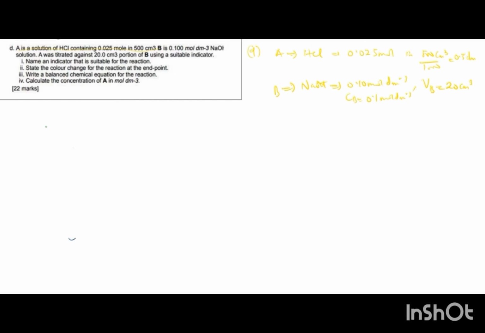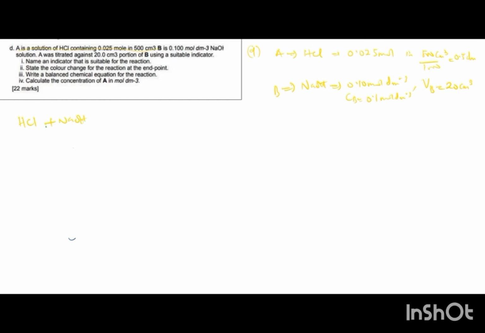At the end of the titration, for methyl orange, you have an orange color at the end point, or red or pink.